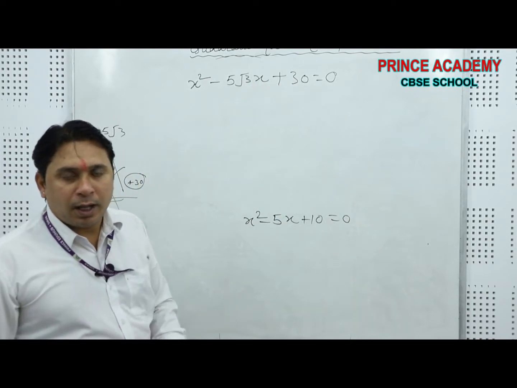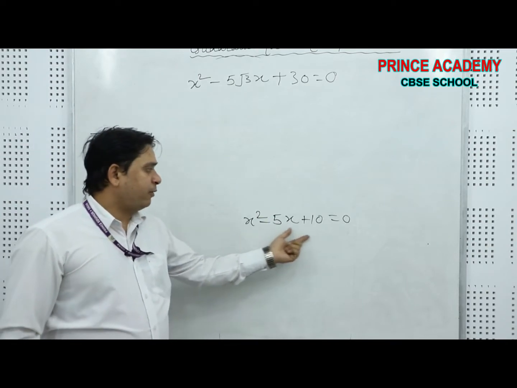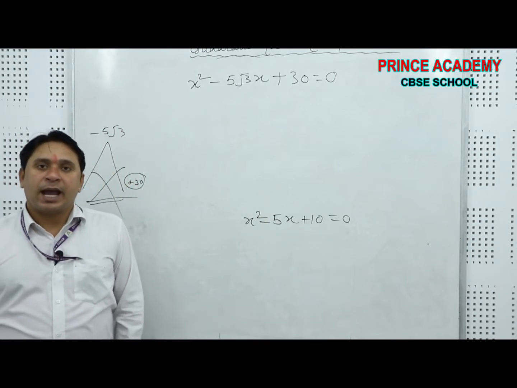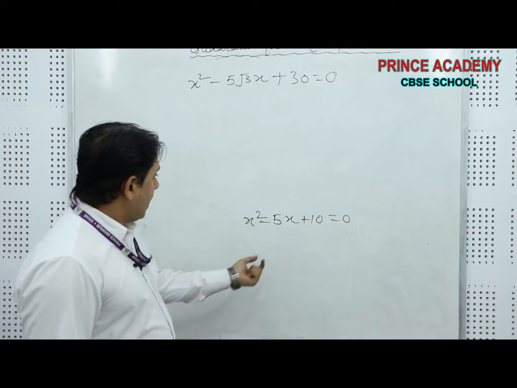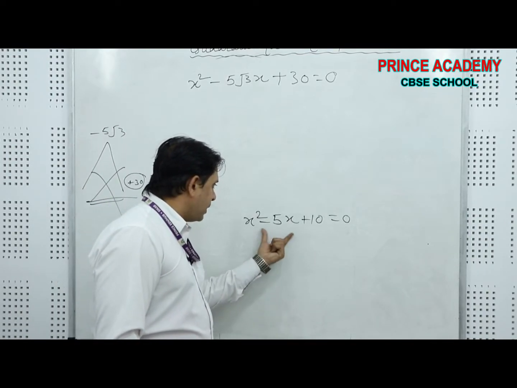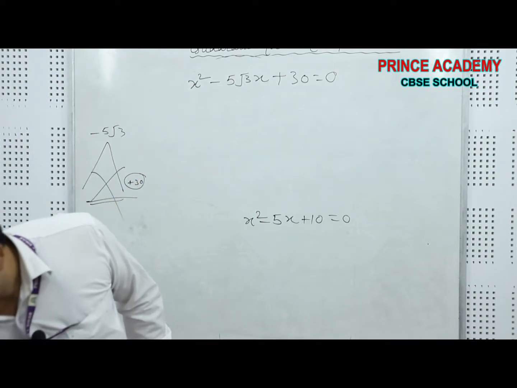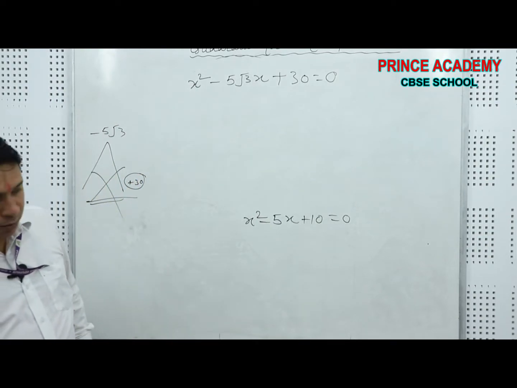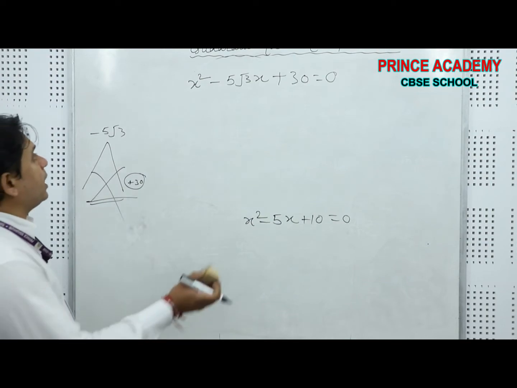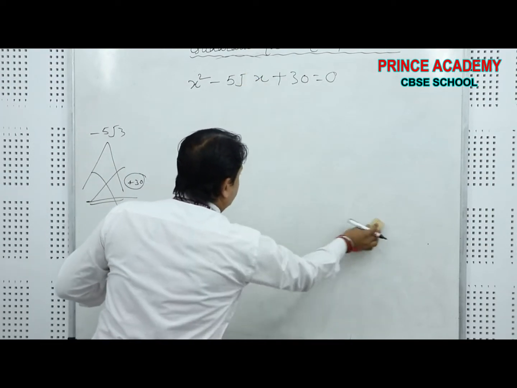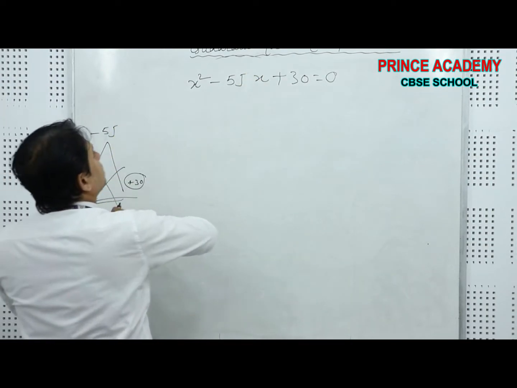Done? Now see what we have to do. We have to break 5 into 2 parts such that the product is 10. Yes or no? Tell me. Okay, sorry. I took the statement wrong. It was 5.